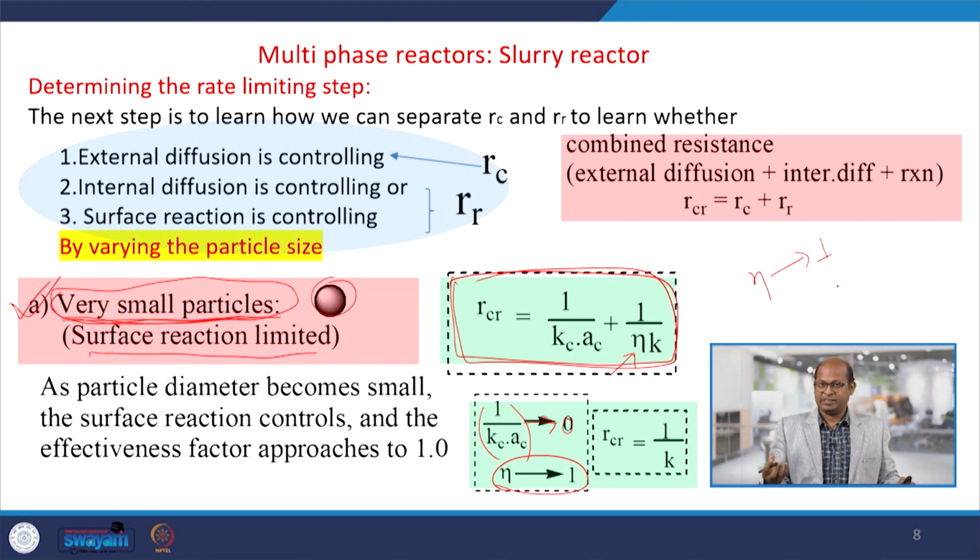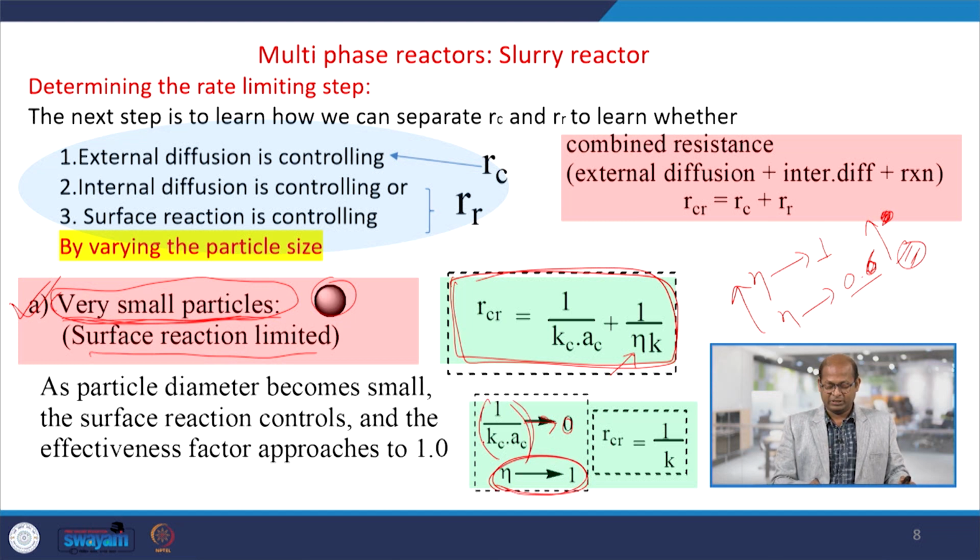If we use a large size of particles, that eta value would be less, let us say 0.6. So, if we decrease the particle size to smaller, then the effectiveness factor will increase, close to 1.